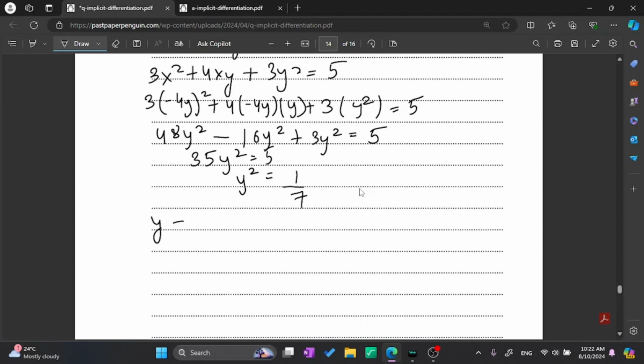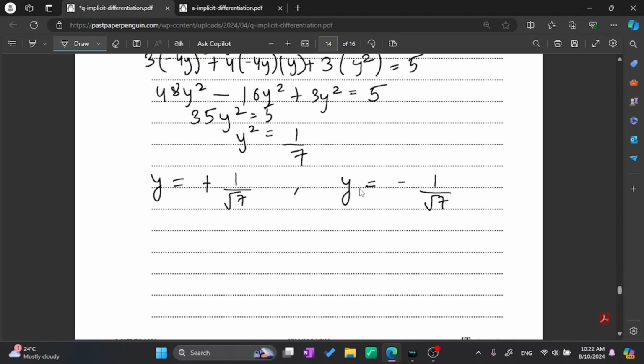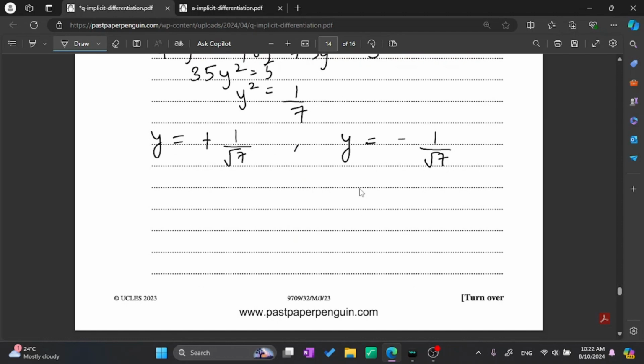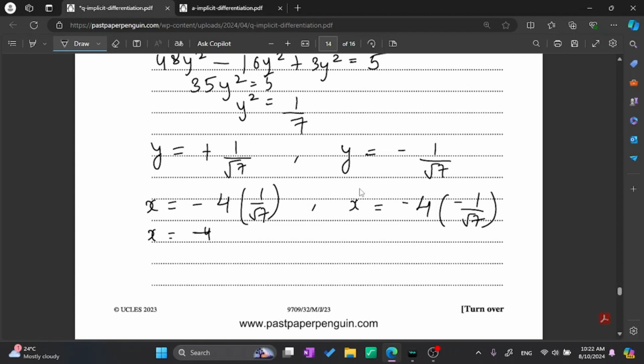So we have two values of y, which is plus 1 over root 7 and minus 1 over root 7. Now, we know that x is minus 4y. So x is minus 4 times 1 over root 7, which is minus 4 over root 7. And minus 4 times minus 1 over root 7 gives x equals plus 4 over root 7.